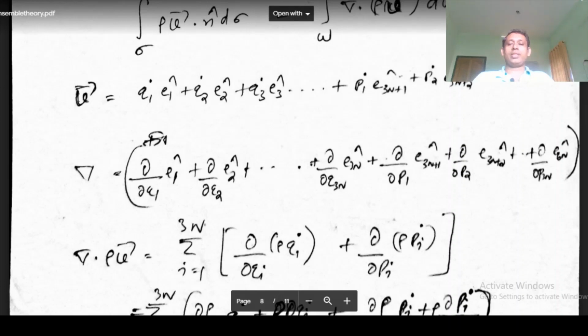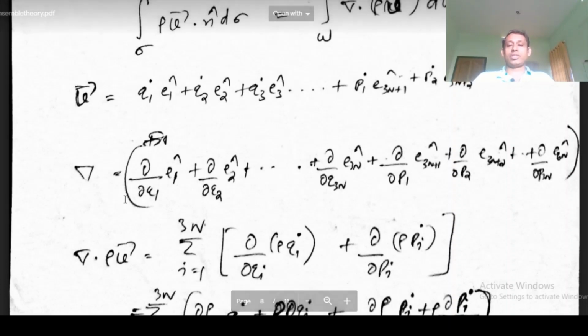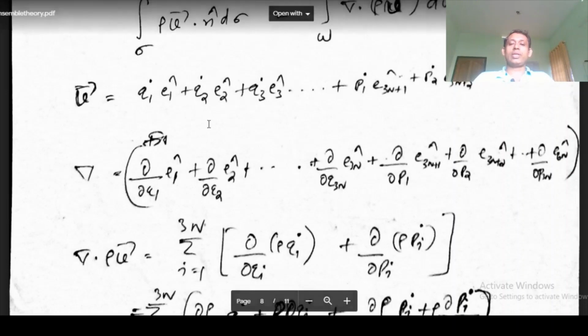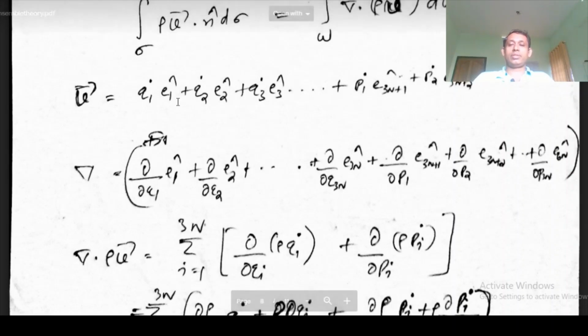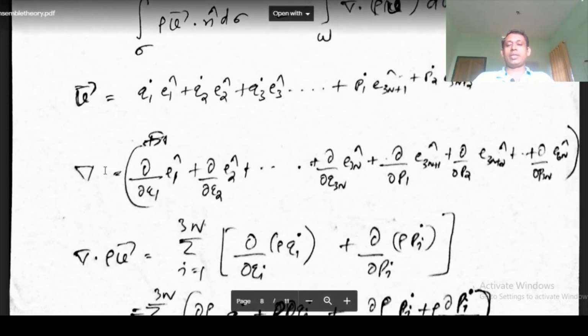So I multiply this with ρ. So the entire expression is multiplied with ρ. So I have ρv, with ρ everywhere, and then I am taking the divergence, that is, I am finding del dot ρv.